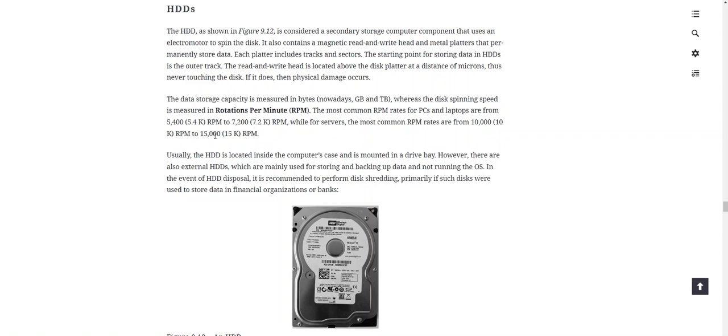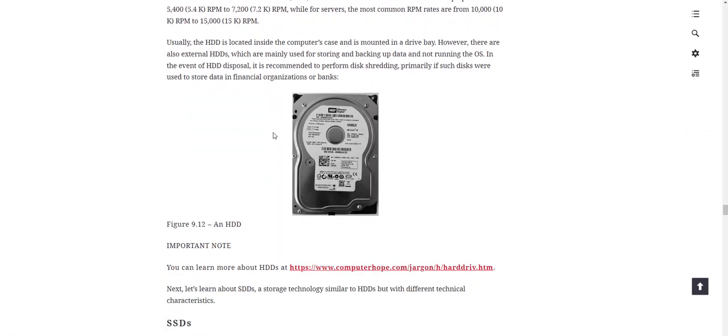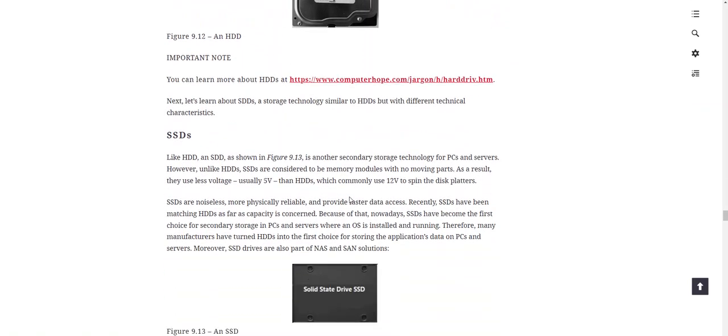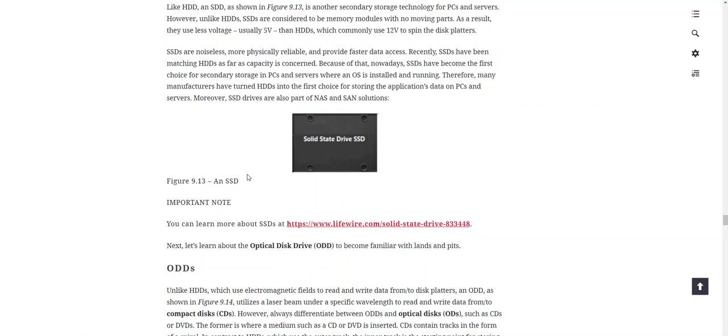But there are devices that go far, far beyond that now. If we're talking about servers, they can go up to 15,000 RPMs, twice as fast as the commercial user devices. Solid state drives don't have the movable parts. They don't generate noise. They don't generate the heat.